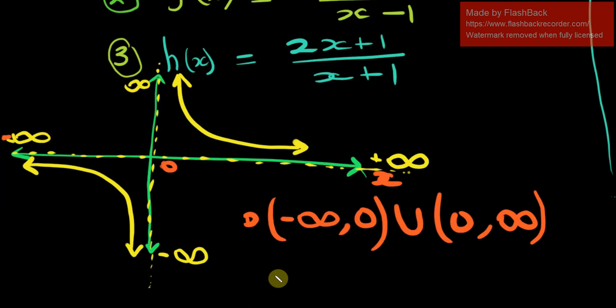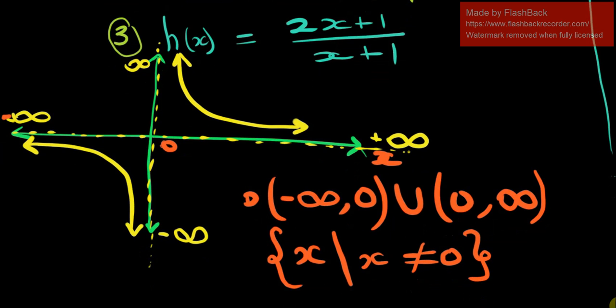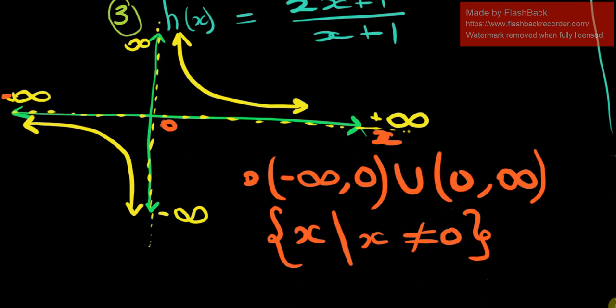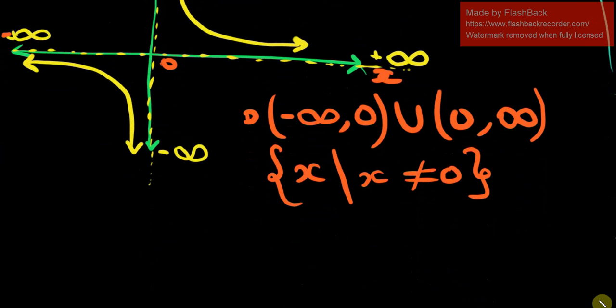Another way to write it would be: domain equals all the values of x except x is not equal to 0. So that will be another way to write it. Okay, cool.